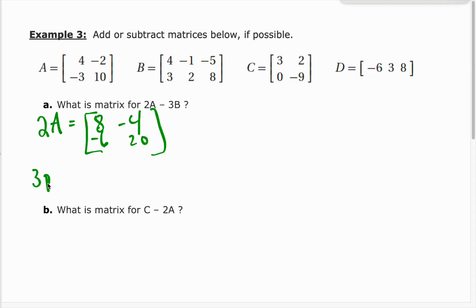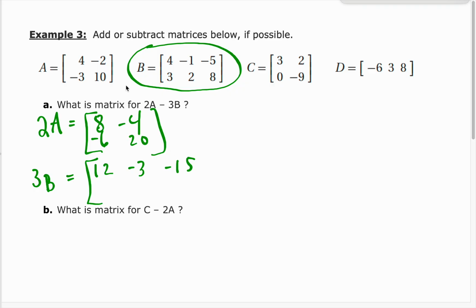And now I'm going to find 3B. Okay, there's B. B is right here. So I'm going to take 3 times 4 is 12. 3 times negative 1 is negative 3. 3 times negative 5 is negative 15. 3 times 3 is 9. 3 times 2 is 6. 3 times 8 is 24. Okay, so now what is it asking us? It wants us to subtract them.